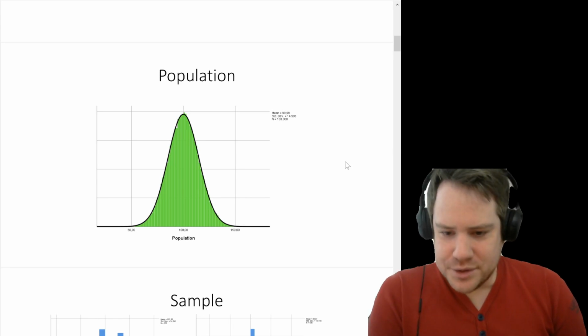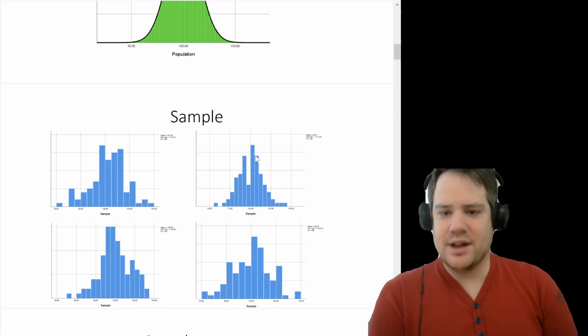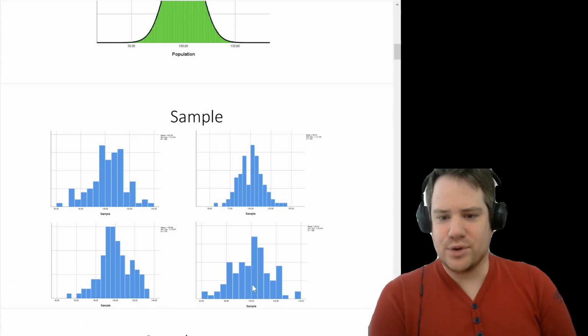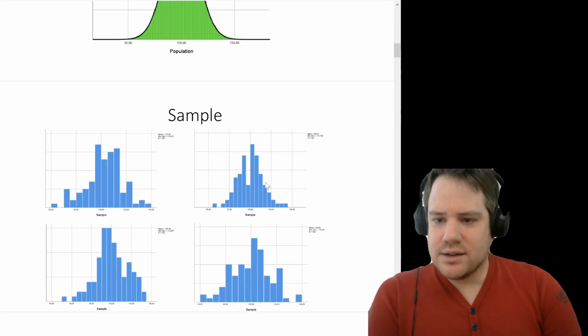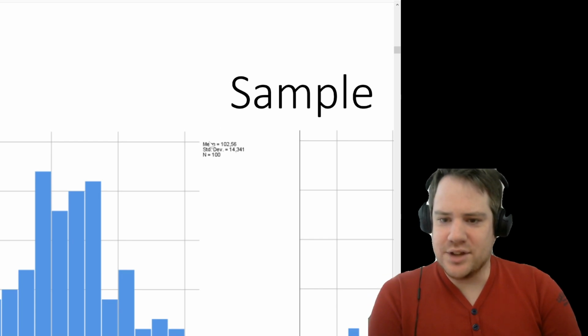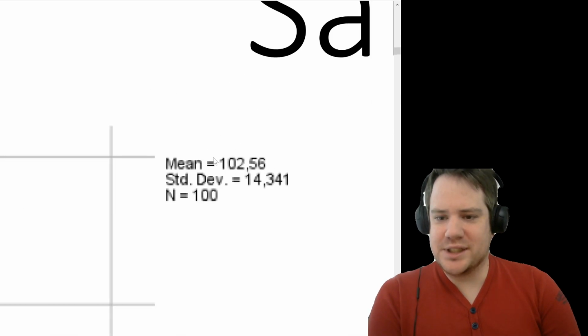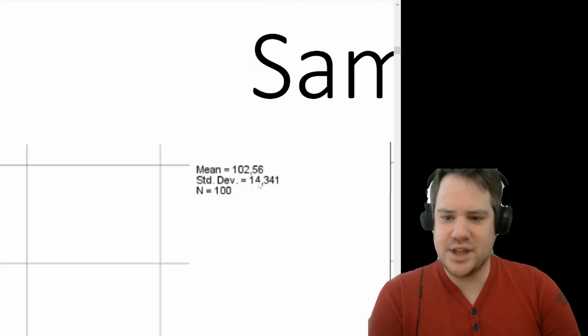Now, what we can do is we can take samples from it, and this in this case is a sample with 100 people. Here are 4 samples, and what's important to note is that the sample, as we know, is not going to be exactly the same as the population. So the population was exactly 100 mean, standard deviation 15, but the sample is a little bit different.